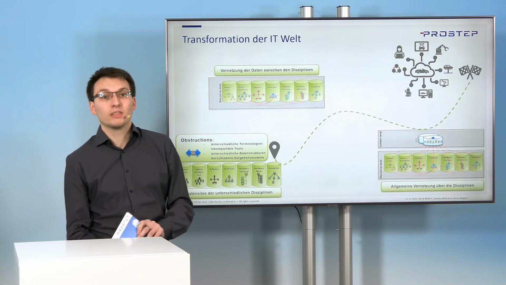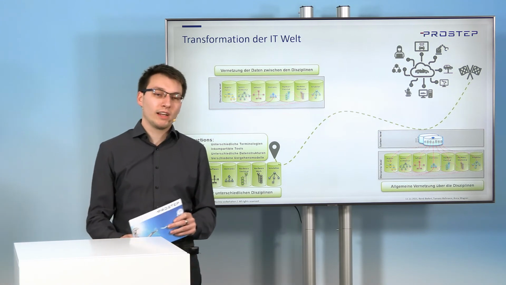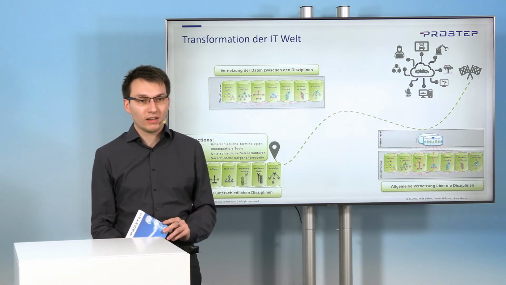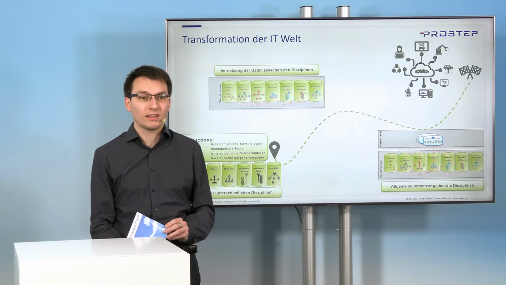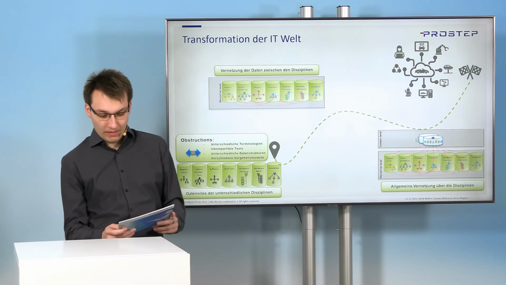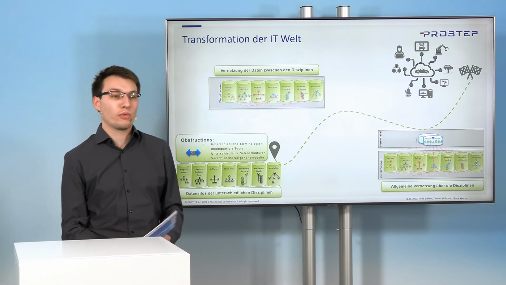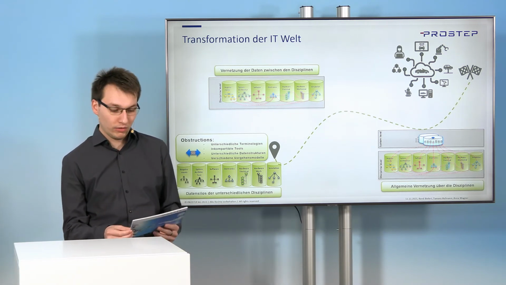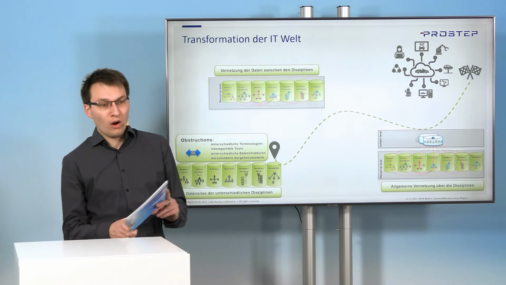So not only the process and our development and our cars are subject to radical change, but at the same time also our IT. Just to mention a few buzzwords: AI, end-to-end processes, digital thread, or also cloud.